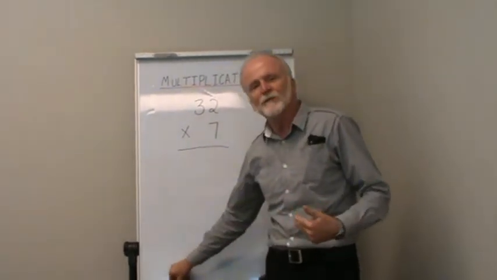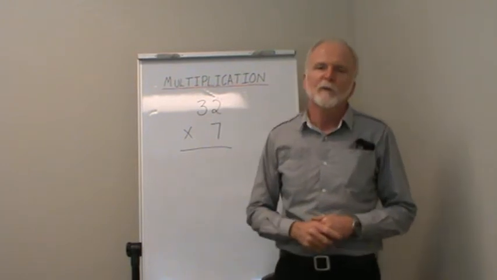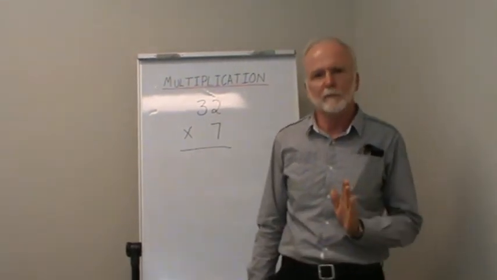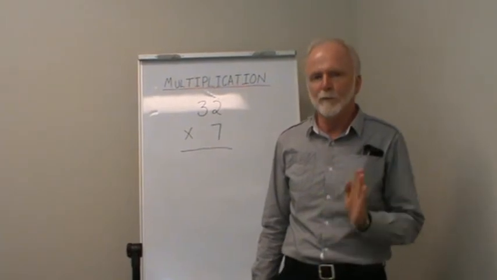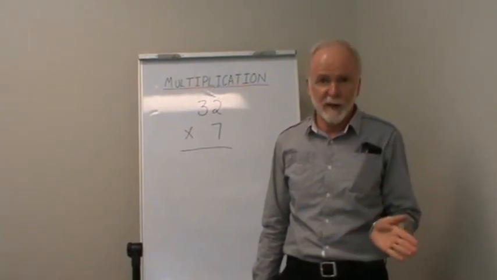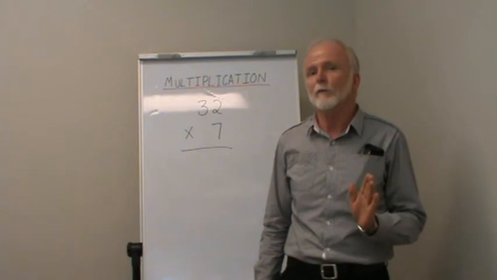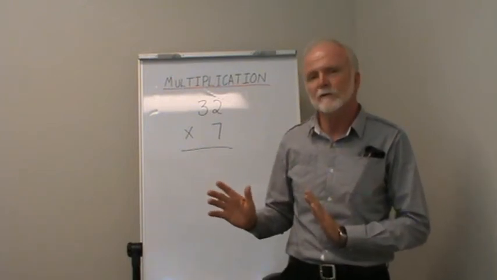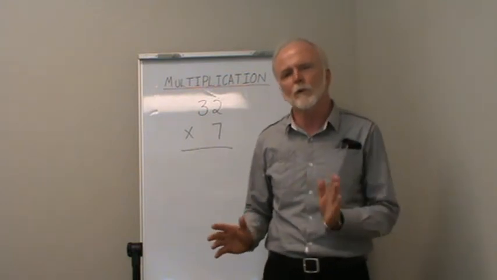But before we move on to that process, we need to make sure the children understand what happens when we multiply ones by tens. When they did the basic facts, they learned what happens when we multiply ones by ones, but we need to let them find out what happens when you multiply ones by tens.